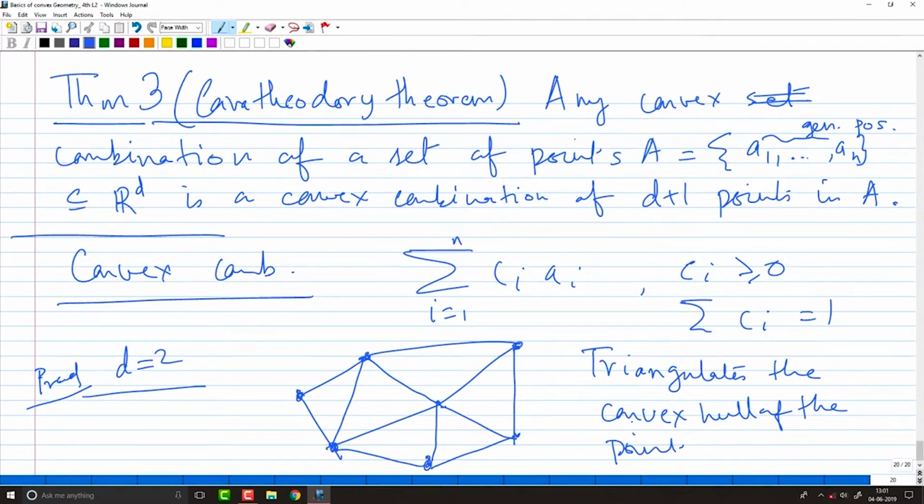Here we mean the whole convex hull, with all the interior regions also. And what do I mean by triangulates? You can break it into triangles whose vertices are points from your set, covering the whole convex hull, and any two triangles intersect at an edge or a point.